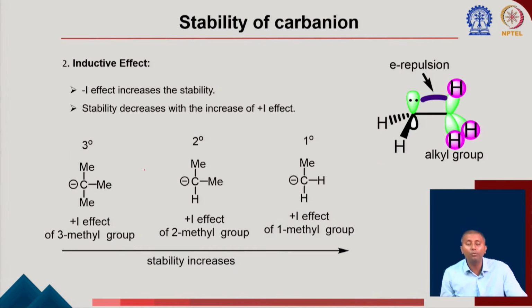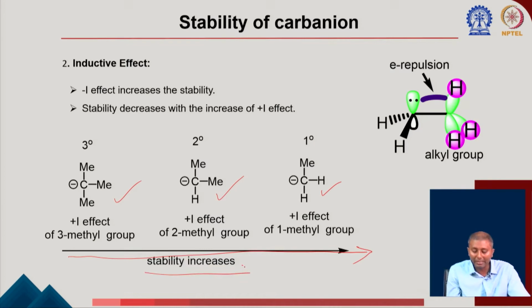Now we can talk about the stability of a primary versus a secondary versus a tertiary carbanion. Going from primary to secondary to tertiary, we see that the stability is decreasing, or if you say from tertiary to secondary to primary, the stability is increasing.